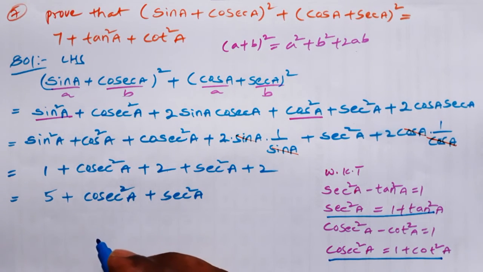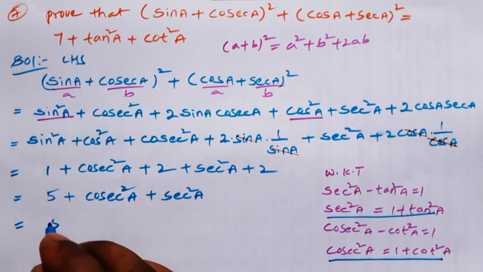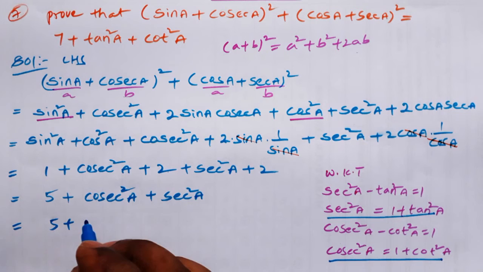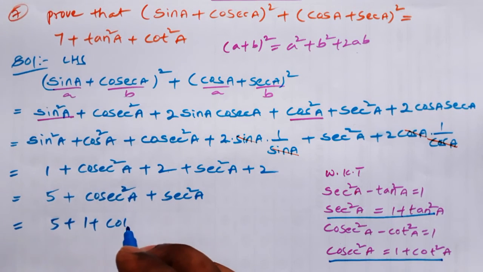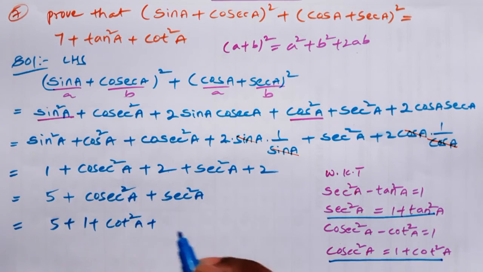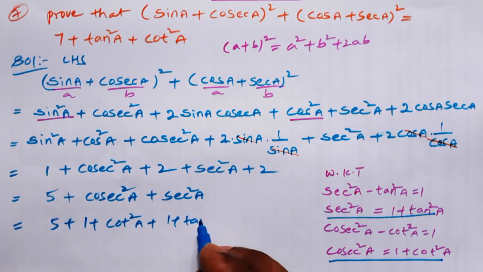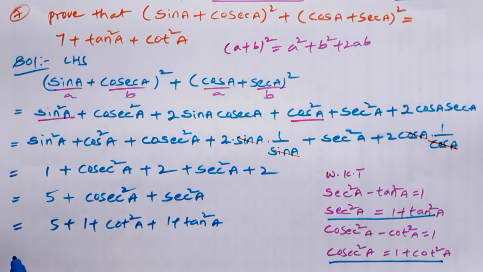Substitute here. 5 plus cosecant square A, which is 1 plus cot square A, plus secant square A, which is 1 plus tan square A. Now add the constants: 5 plus 1 is 6, 6 plus 1 is 7.